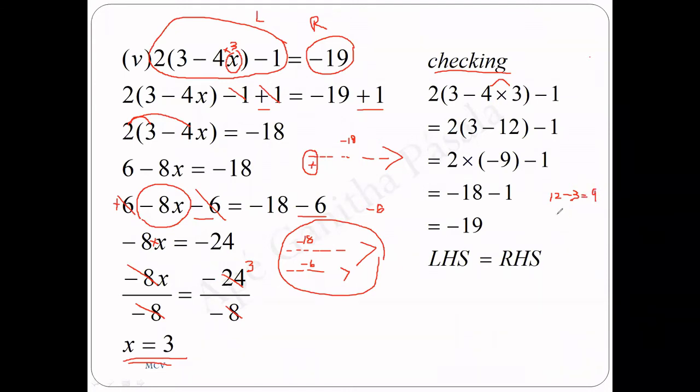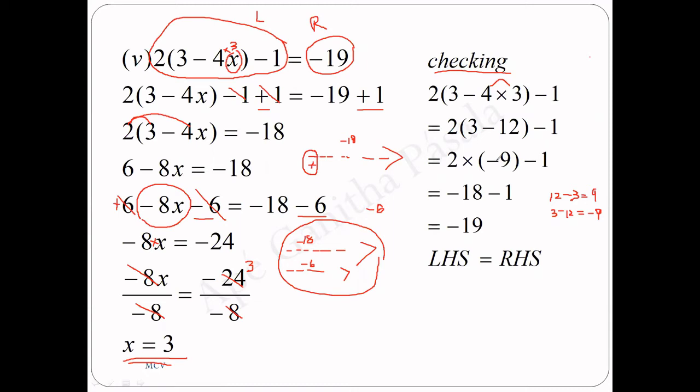What about 3 minus 12? It should be small number minus bigger number, so it should be minus 9. Okay, this is minus 9. 3 minus 12 is minus 9.